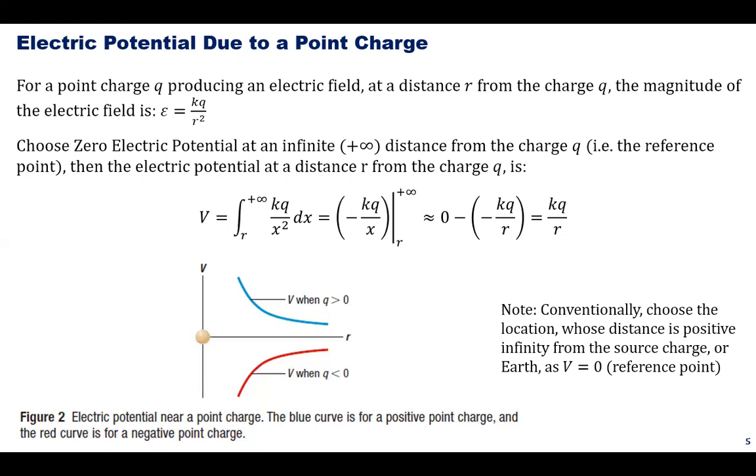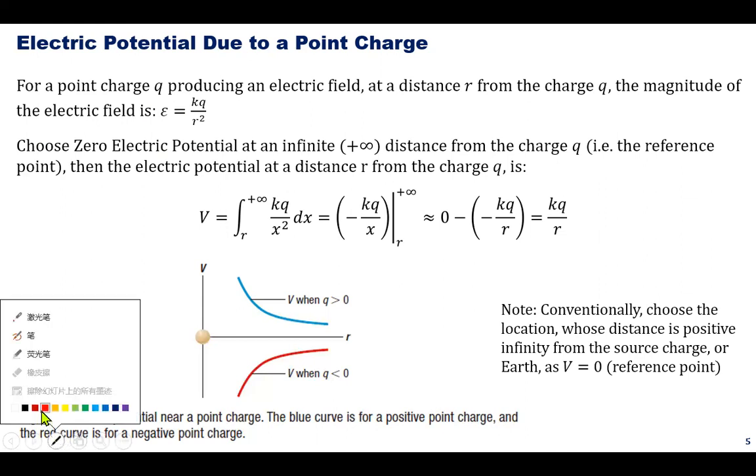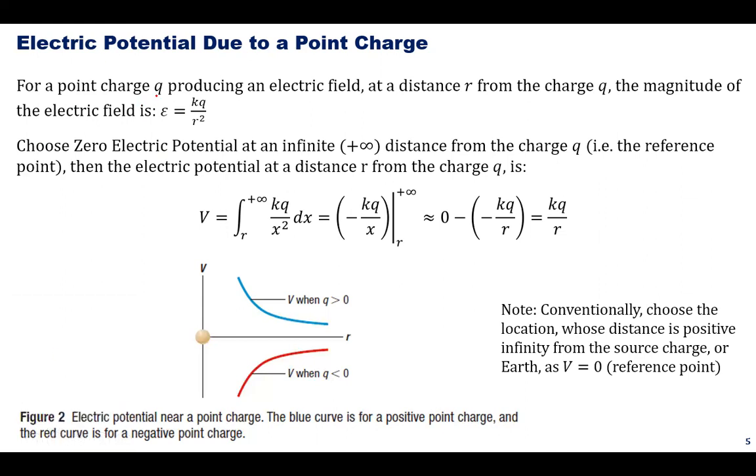And the sign of potential energy, and thus potential, is reversed from that of the uniform electric field. For a point charge Q, the magnitude of the electric field is given by epsilon equals kQ over r squared, right? We have already talked about this in previous sections.